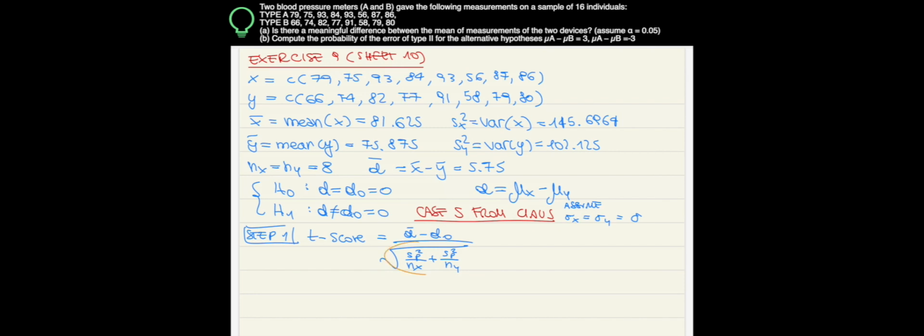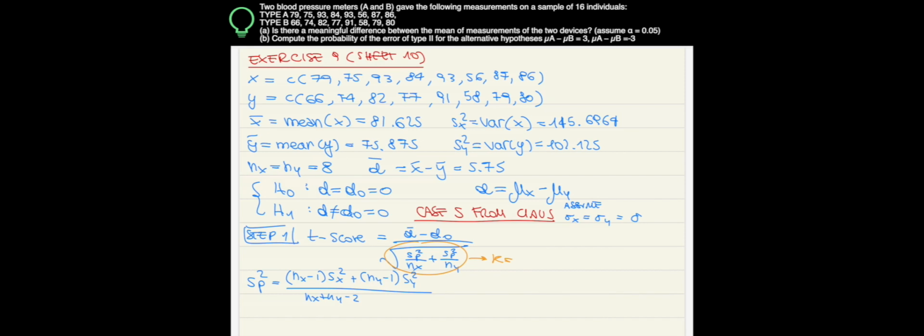So we will call this k, because we will need this later, so it's easier to define it. So the pooled variance is defined as nx minus 1 times sx square, plus ny minus 1 times sy square, divided by nx plus ny minus 2.